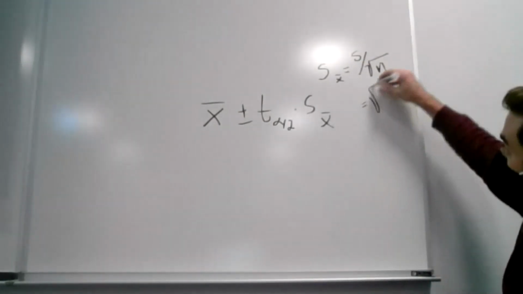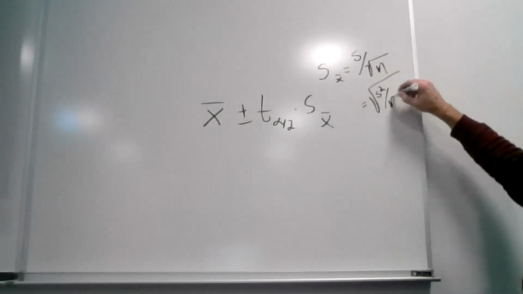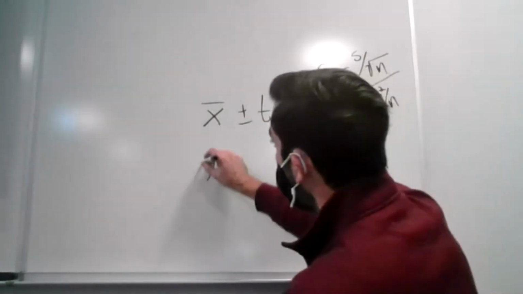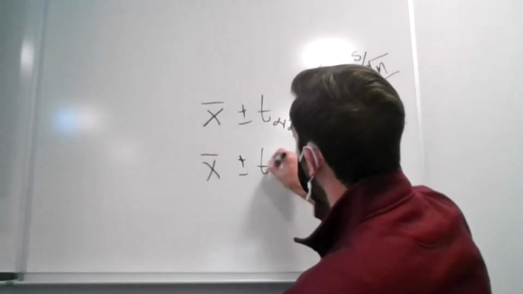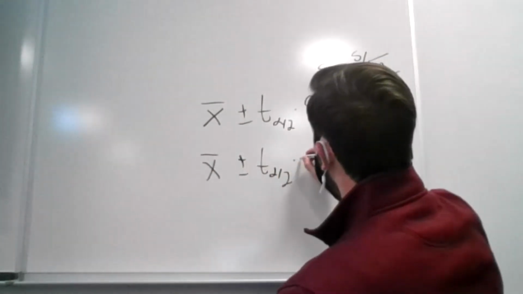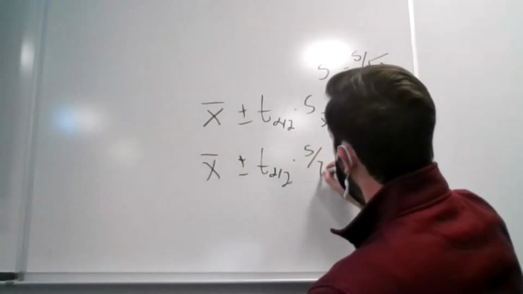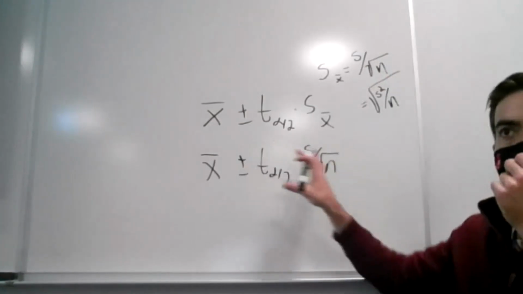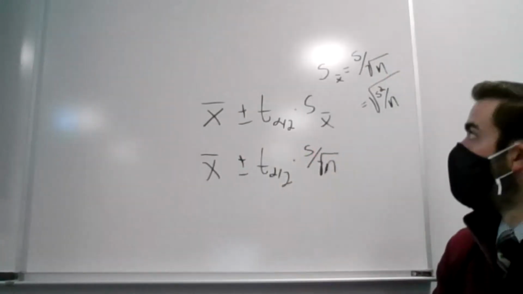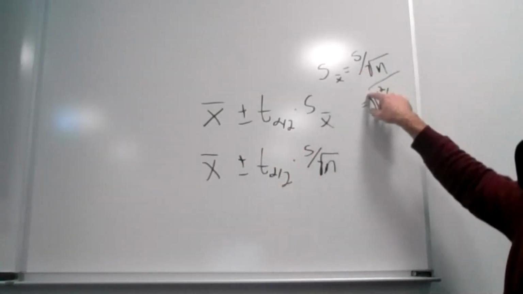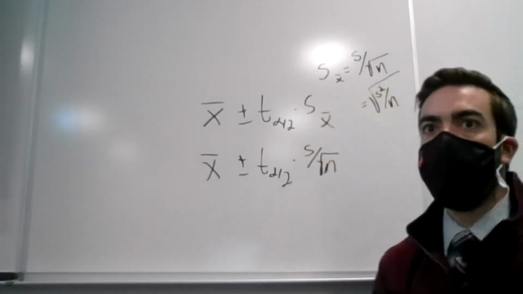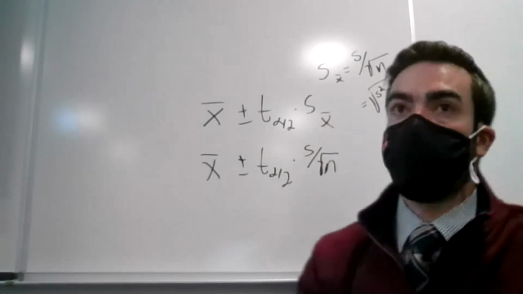And we could also have written it as all these different ways of writing the same thing. So if you don't want to calculate that intermediate step, what you could do is just plug this formula in and do it all like on one line, right? Do this all at one time. Or you could calculate the intermediate step and then just plug in one value, okay? So there's two different ways of doing the same thing. It's kind of similar to what we were doing with the sample mean before.